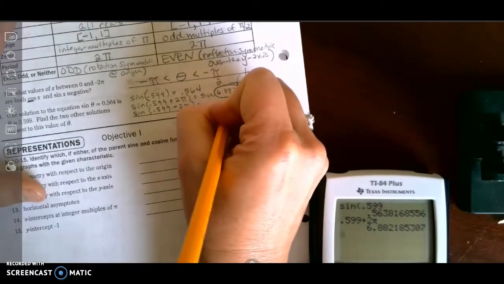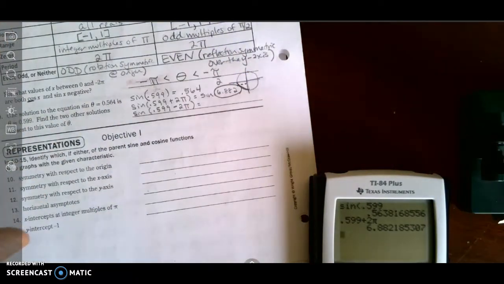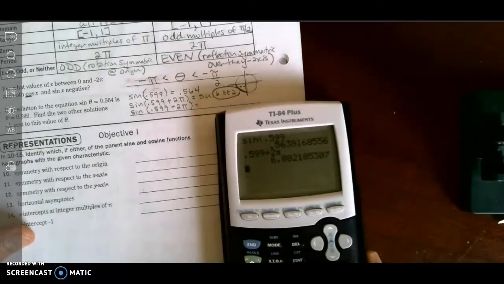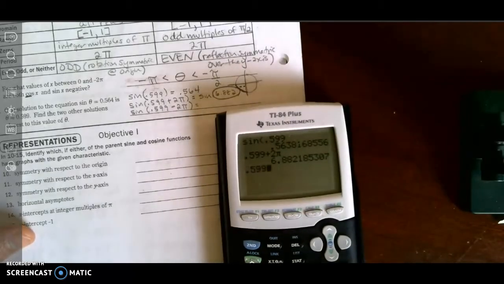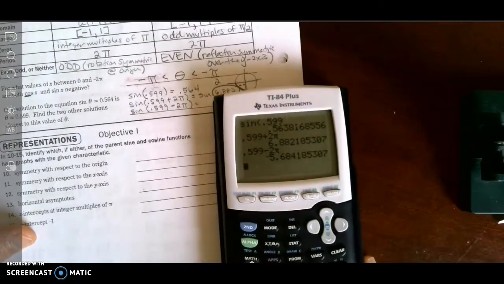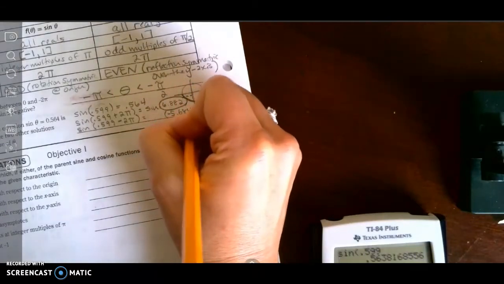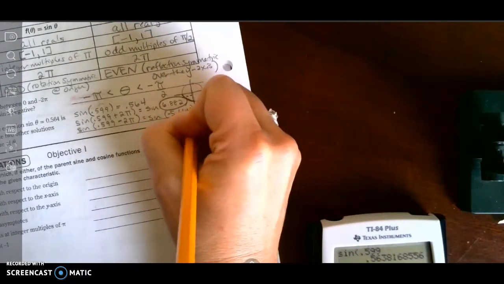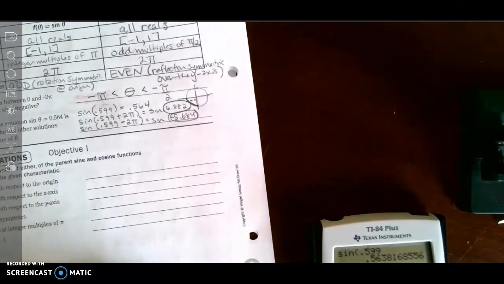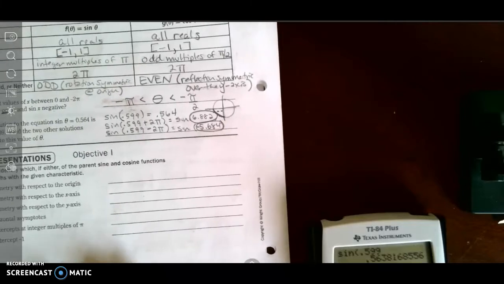So that's one of my answers, that theta would be 6.882. And then I want 0.599 minus 2 pi, and that would be negative 5.684. So those are my other values, that theta would be 6.882 or negative 5.684.